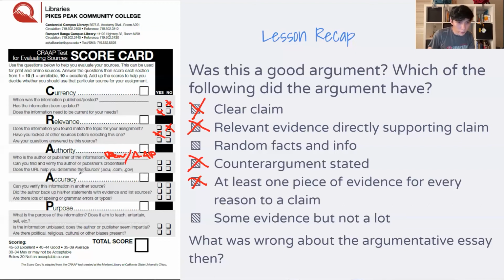Can you find and verify the author's or publisher's credentials? No, because we don't know exactly which studies the author was talking about. Does the URL help you determine? We don't have a URL, so no. Can you verify the information in another source? You could look up different sources talking about the same information. So yes, if you wanted to continue more research, you could.